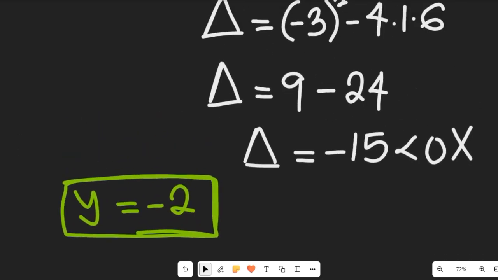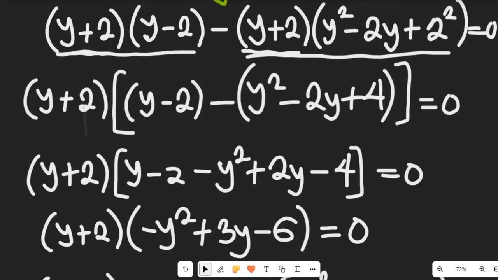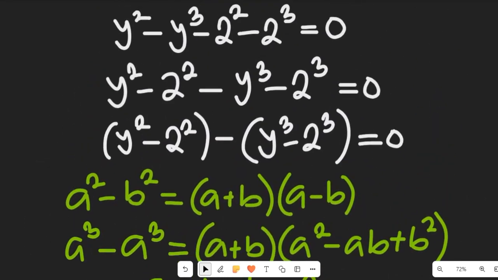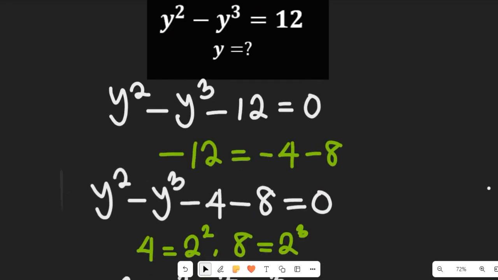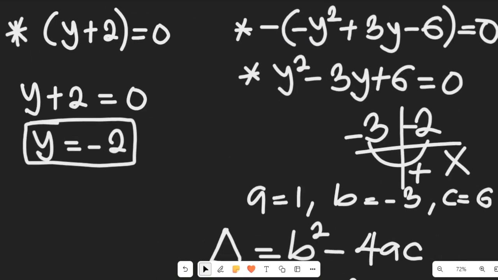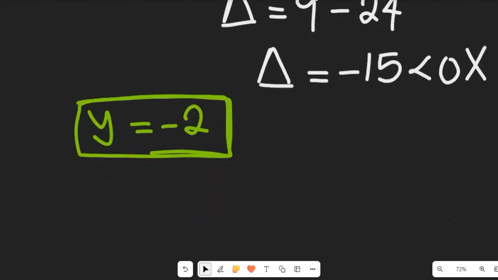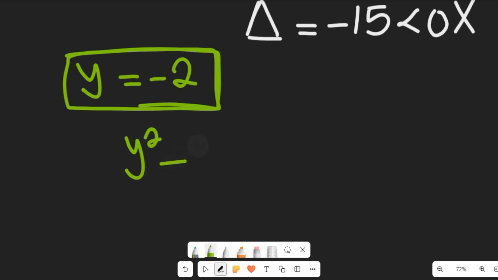Now we want to check to find out if the solution negative 2 is actually correct. We are going to insert that into that expression, and if we insert that into the expression, we're going to find out if that solution is actually right.